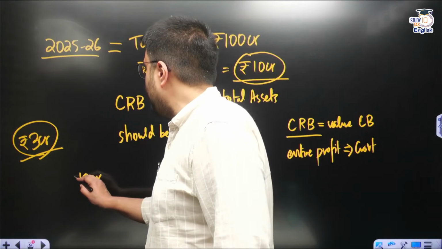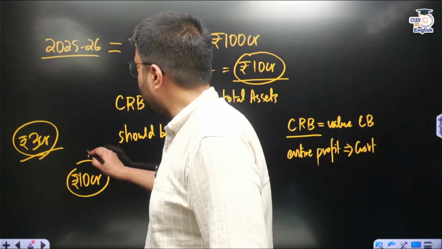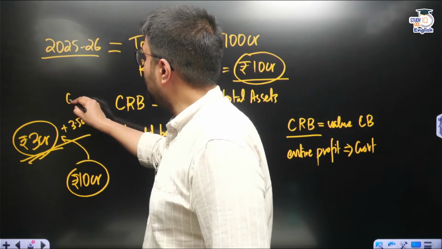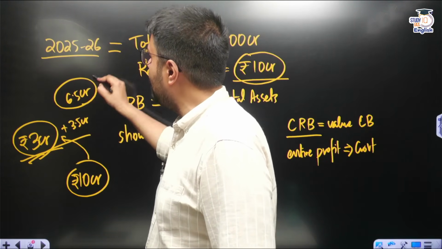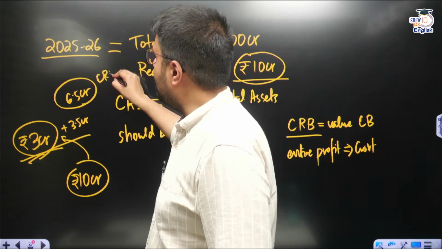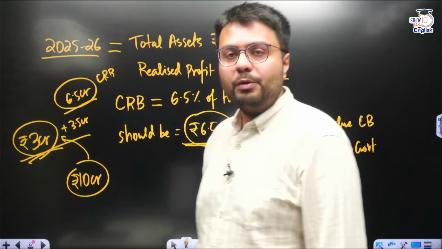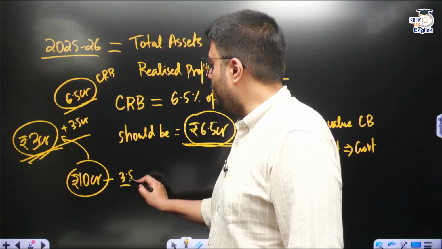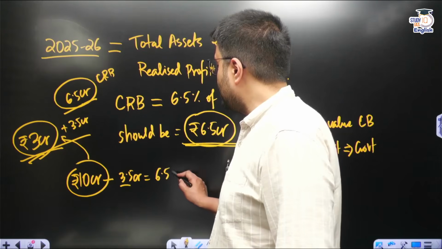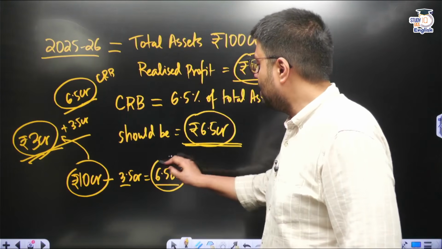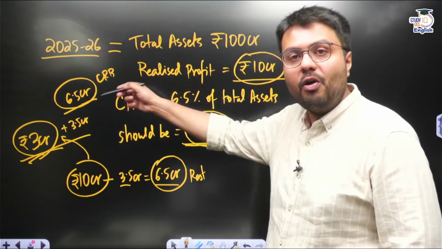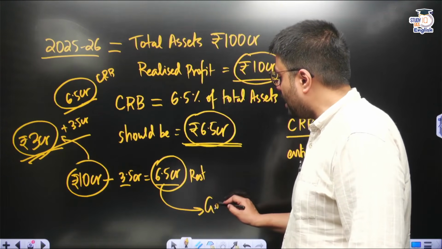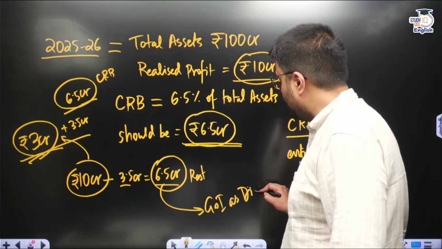From the 10 crore rupees of profit, RBI would transfer some of it, that is 3.5 crore rupees, to make it 6.5 crore rupees as recommended by the RBI's central board. So when CRB becomes 6.5 crore rupees, now RBI is left with how much? If you minus 3.5 crore rupees from here, RBI is left with 6.5 crore rupees as the rest of the money after provisioning or after sending the money to CRB. So this 6.5 crore rupees is now transferred to the Government of India as dividend.